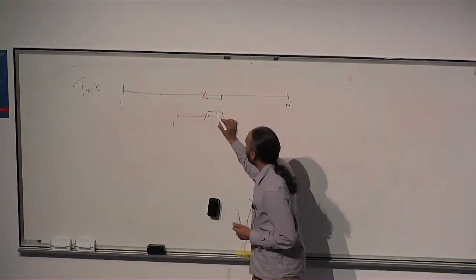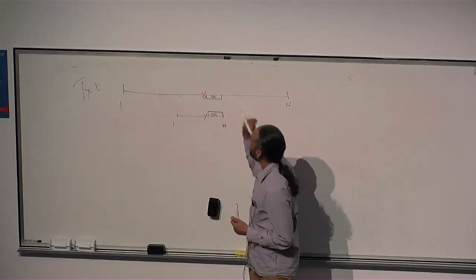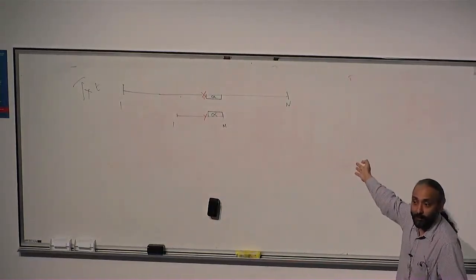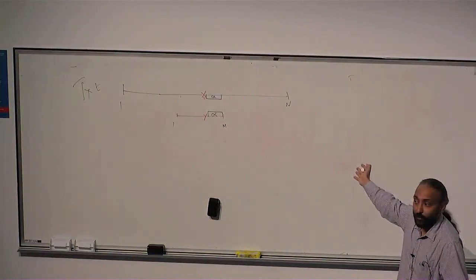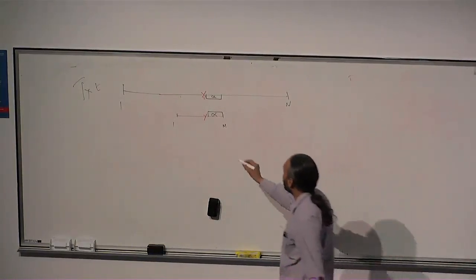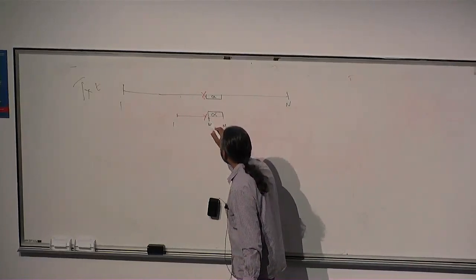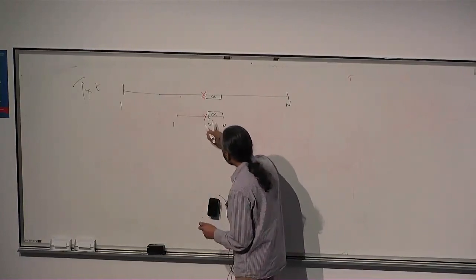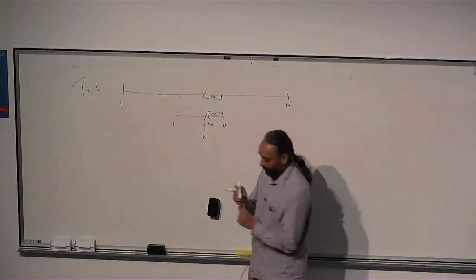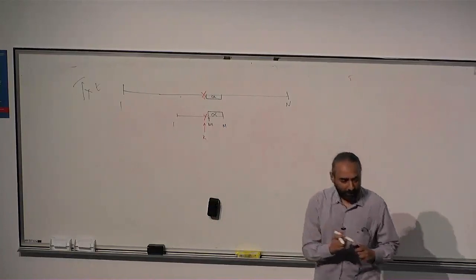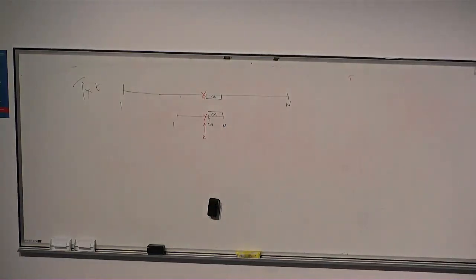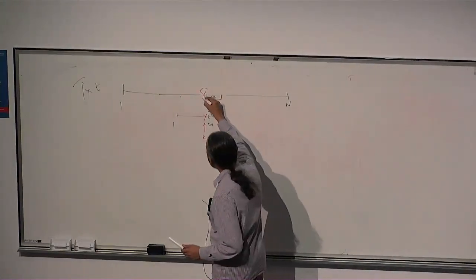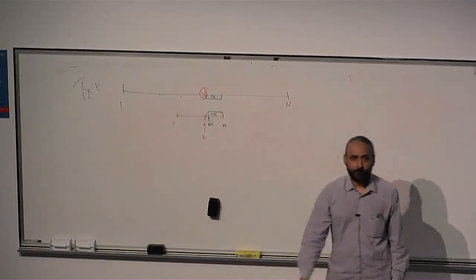I like giving names to substrings. So alpha is a substring in the text that matched the suffix of the pattern. And the suffix starts at position k plus 1 from the start. So 1, 2, 3, 4, k plus 1. And the mismatch is at position k. Okay, that's the setup. Now we said that initially we only care about the bad character in the bad character shift rule. So we are only focusing on x. Okay?